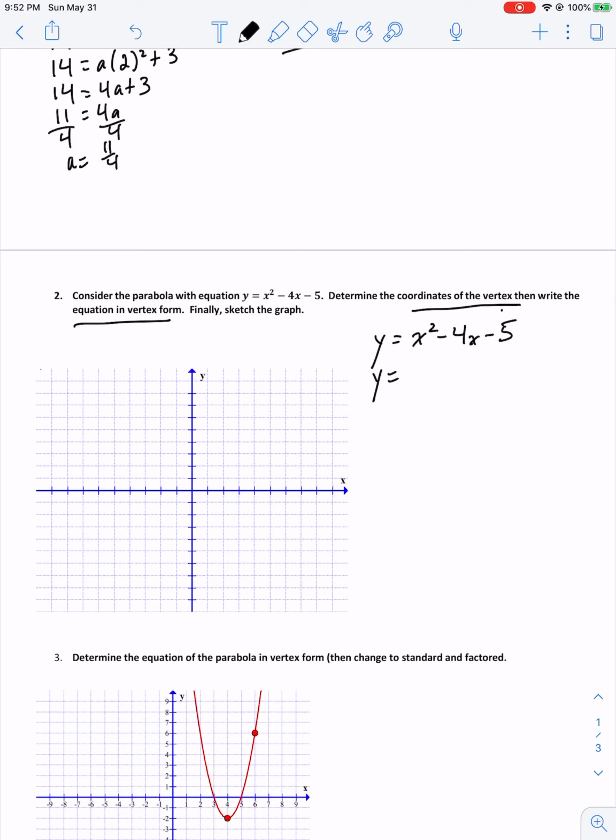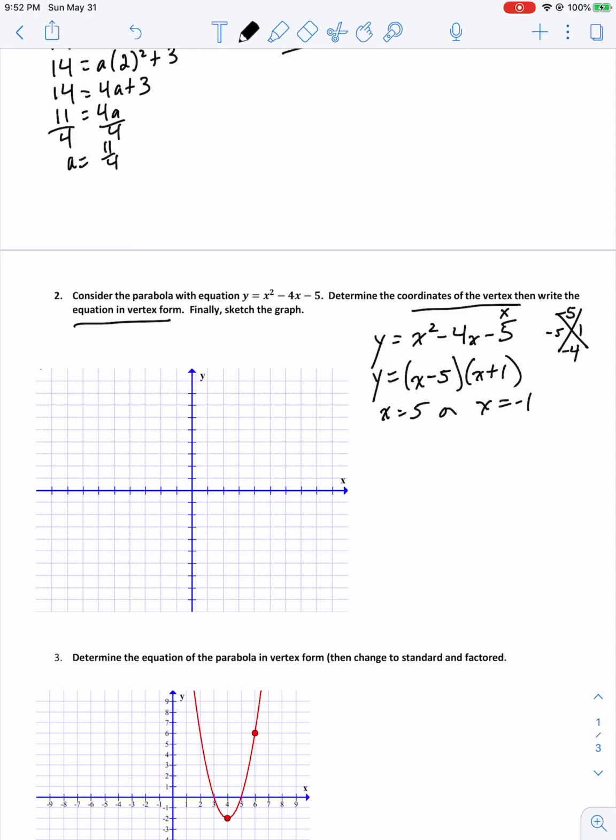So two numbers that multiply to give you -5 and add to give you -4. I believe those two numbers are -5 and 1. So this simple trinomial becomes (x minus 5)(x plus 1). So x equals 5 or x equals -1.